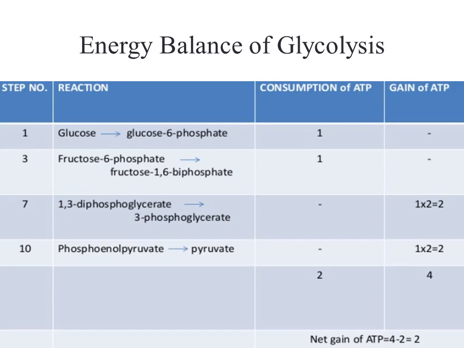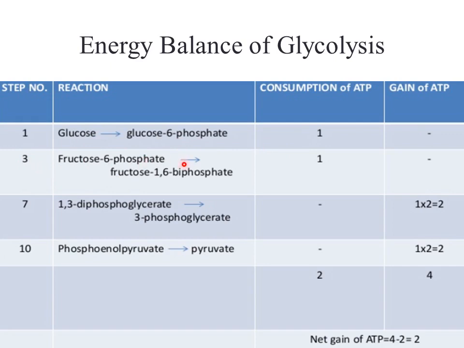This is again a more simple and schematic presentation of at which step ATP is consumed and at which step ATP is produced. So the first ATP is consumed during the first phosphorylation of glucose to glucose 6-phosphate. The other is used at the third step of the cycle.